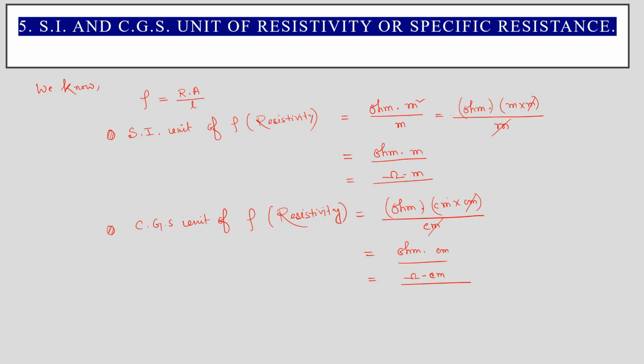So now we are considering a numerical on the basis of the formula that we discussed so far. We are interested to find out the resistivity of a conductor, obviously at a constant temperature. Let us consider a numerical.